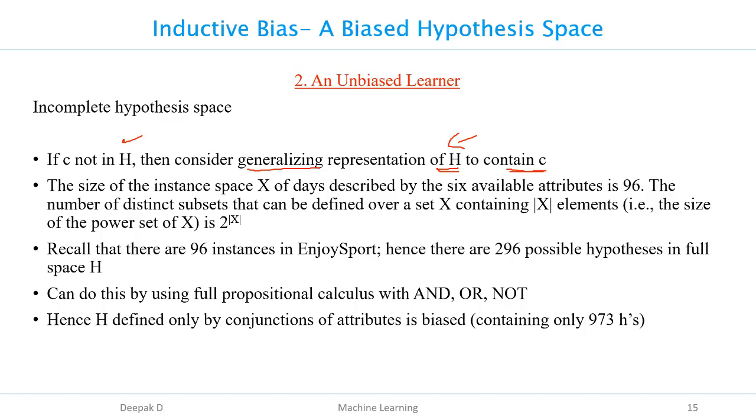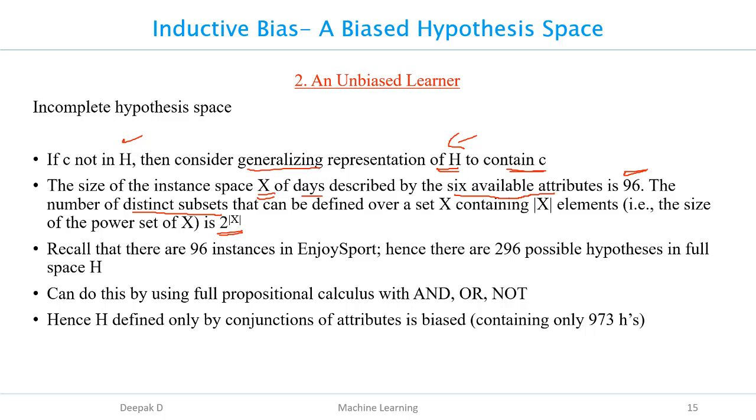The size of the instance space X depends upon the days described by the 6 attributes, which can be computed as 96. So the number of distinct subsets that can be defined over the set is the power set of X, which can be represented as 2 to the power of |X|.